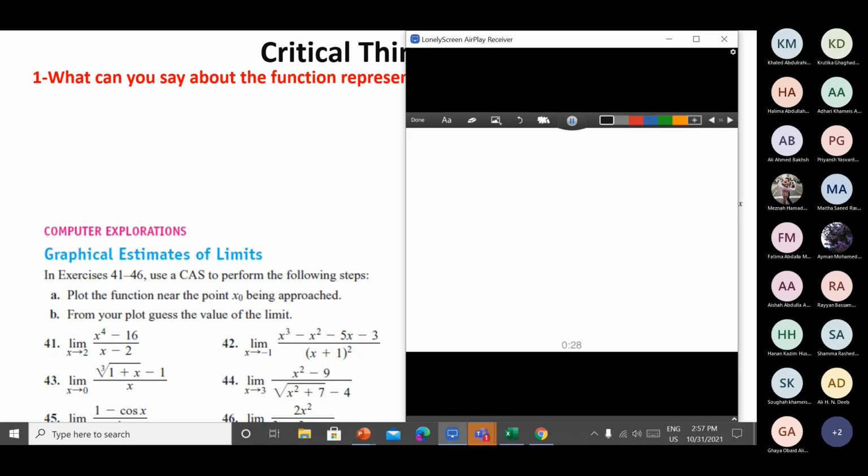So the limit will be what? The limit when x tends to 3 of x squared minus 9 over root square of x squared plus 7 minus 4, and then multiply by the conjugate, which is root square of x squared plus 7 plus 4 over root square of x squared plus 7 plus 4.